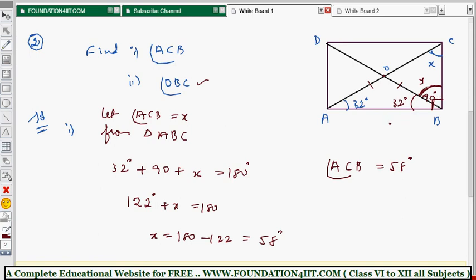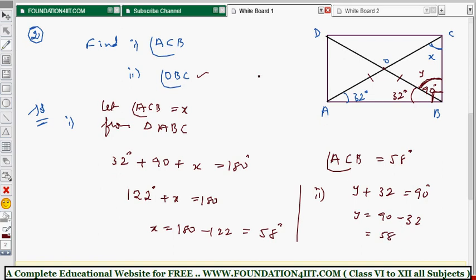So Y plus 32 is equal to 90 degrees. Then Y is equal to 90 minus 32, which is again 58. That is angle OBC. OBC is equal to 58 degrees.